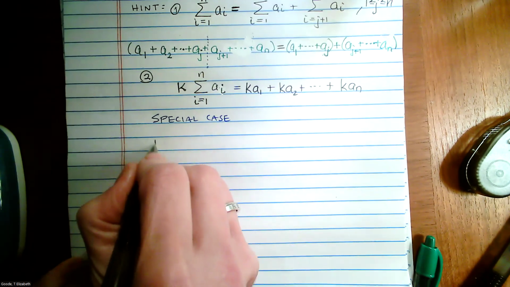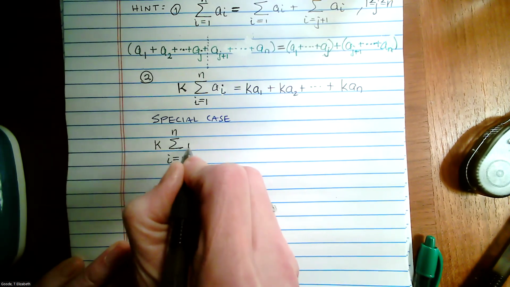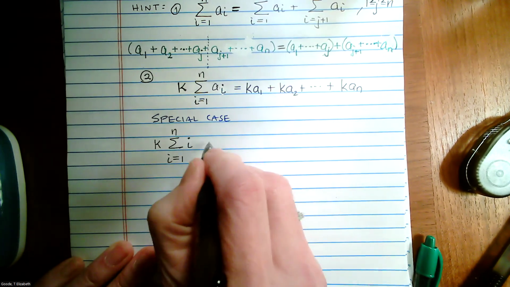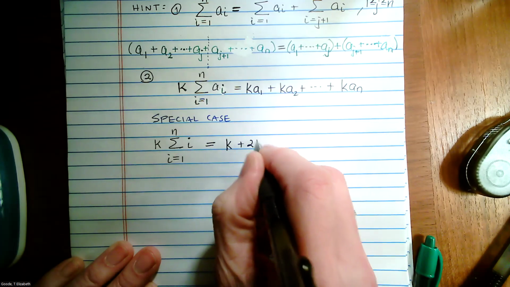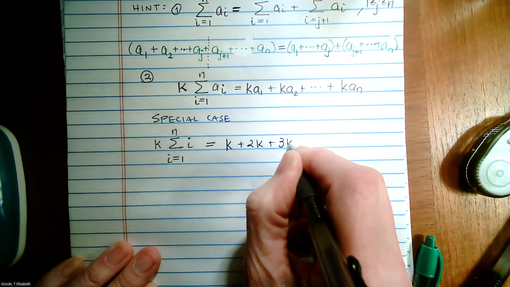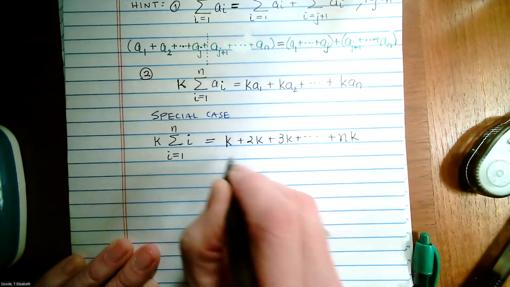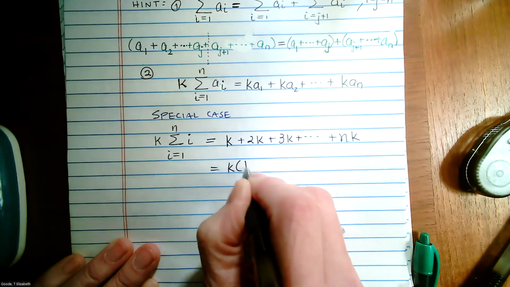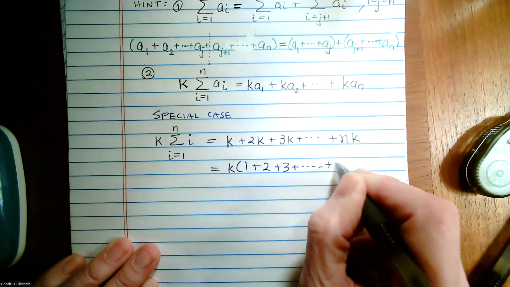If it's the sum from i equals 1 to n of just plain old i, then what we have is k plus 2k plus 3k plus dot, dot, dot plus nk, which is another way of saying k gets factored out of the sum from 1 to n.